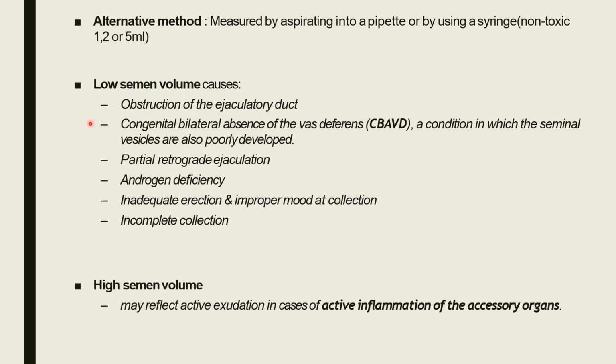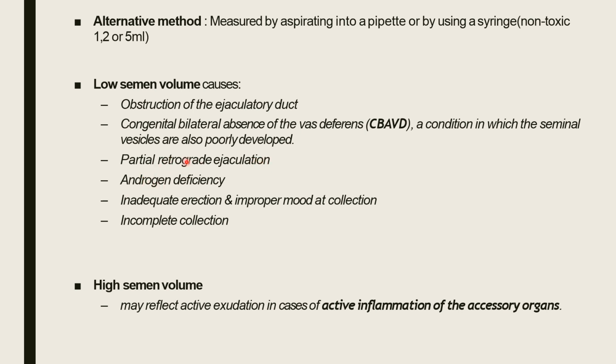And then why the semen volume could be abnormal? It could be low because of obstruction of the ejaculatory ducts, absence of the vasa deferentia, or retrograde ejaculation, so semen has entered into the urinary bladder.